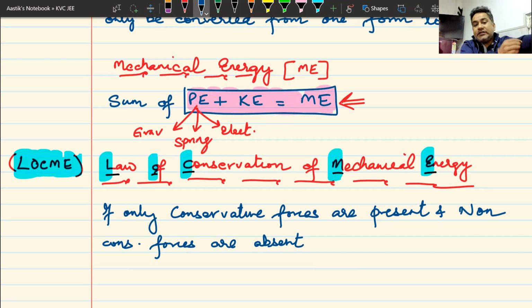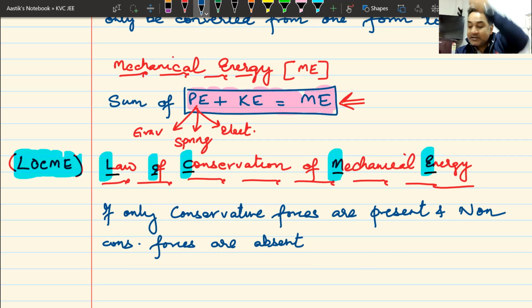Now, if there is friction, there is a non-conservative force present, but you can apply law of conservation of energy in case of a rolling body. It is still valid, even though a non-conservative force is present, because work done by that friction is zero.